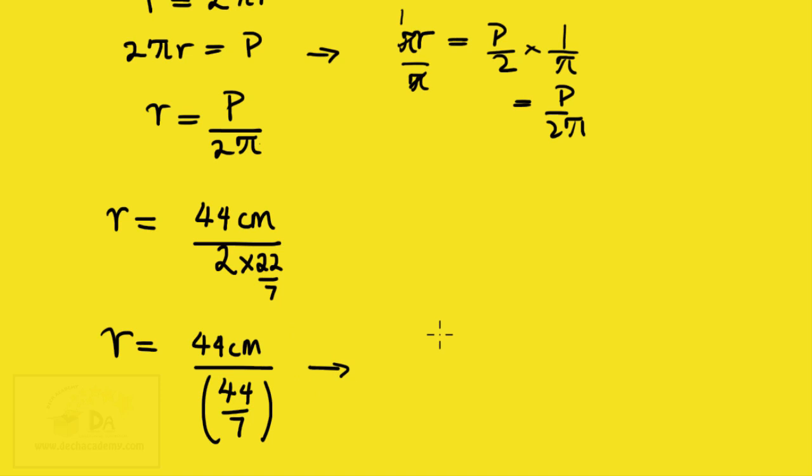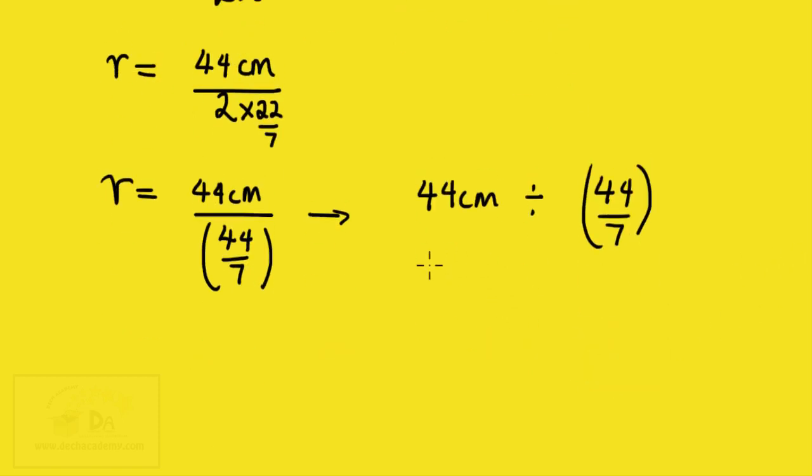Now this can be written as 44 centimeters divided by 44/7, right? And you know, from primary school maths, you can change this above expression to 44 centimeters times 7 over 44. So in order to change the division sign to multiplication sign, all you have to do is take the reciprocal of this fraction we have here.